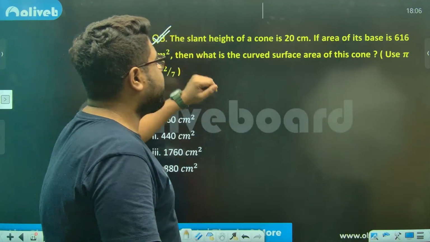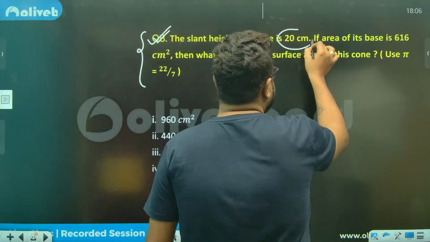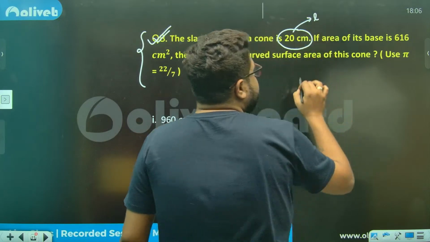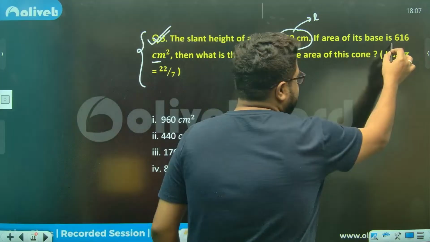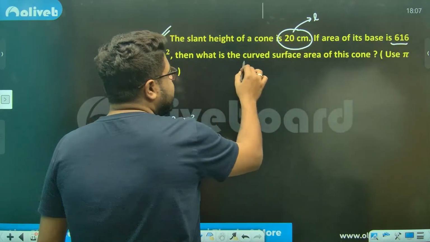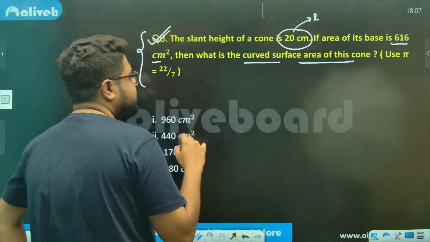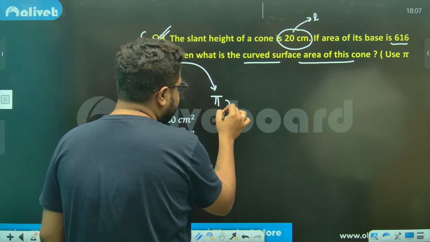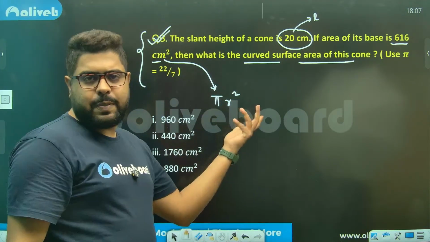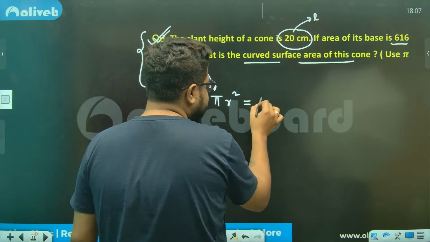The slant height of a cone is given, so L is given. If the area of the base is given as 616, they are asking the curved surface area of the cone. The area of the base is a circle, so pi r square is given as 616.